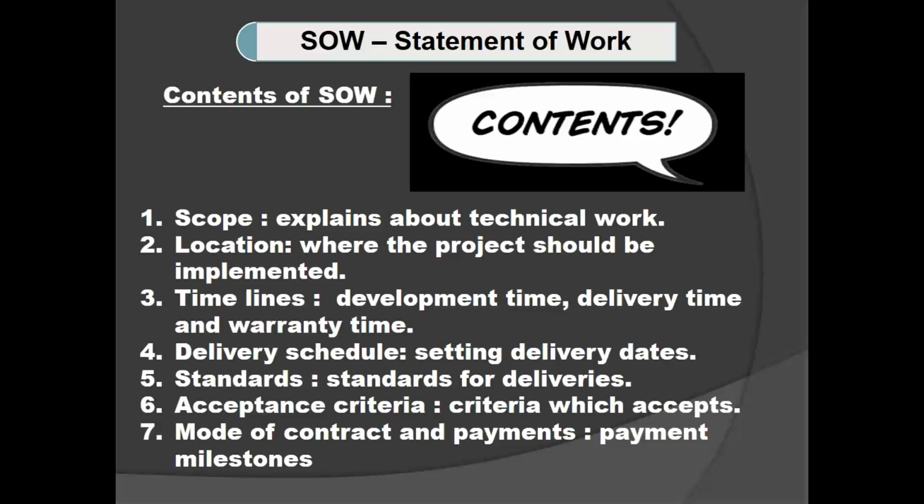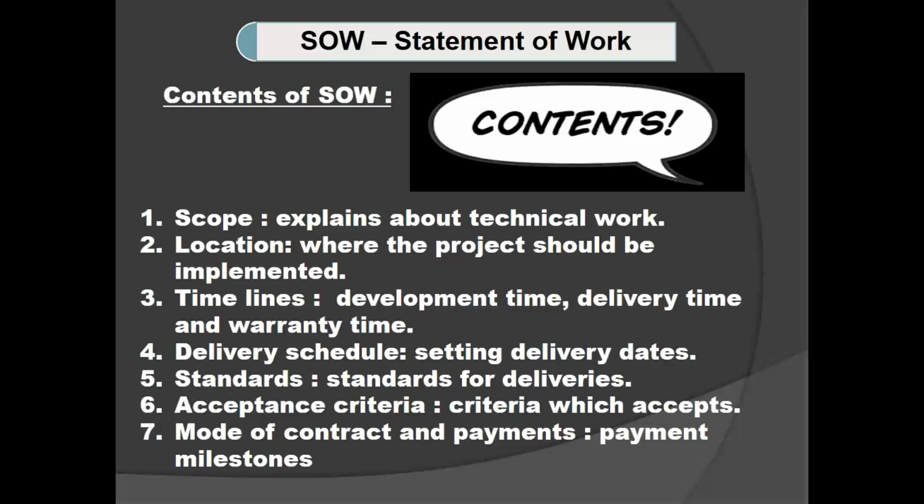So if there is anything out of scope, we are going to specify a separate heading called out of scope, and we will specify it. Then the next one is location. So under this section, we will specify where we need to do the project, whether it is at the client side or at the IT company side. And here we are going to explain the roles of the HR team also.